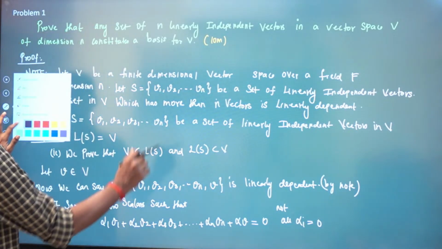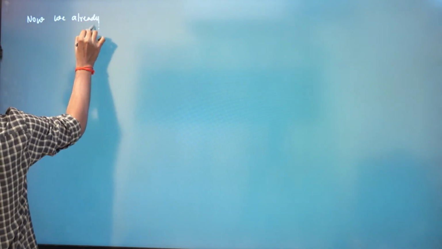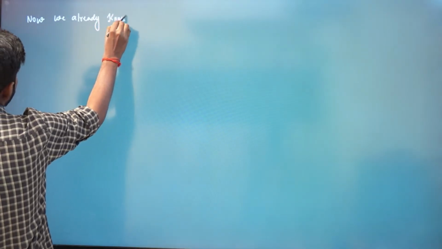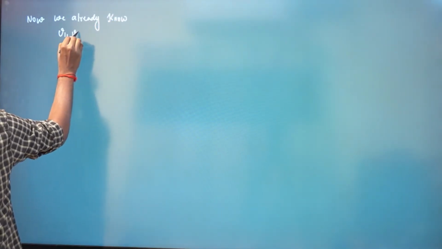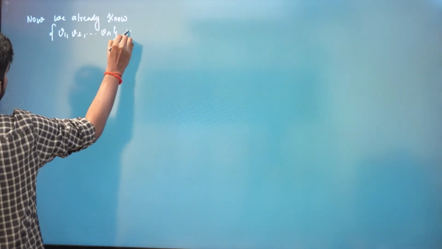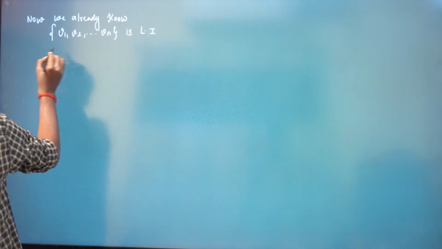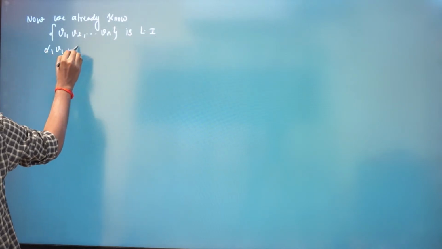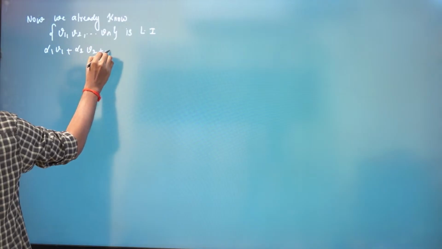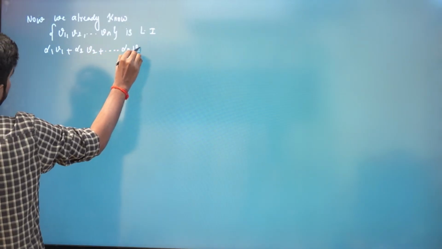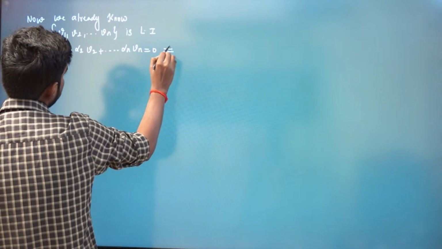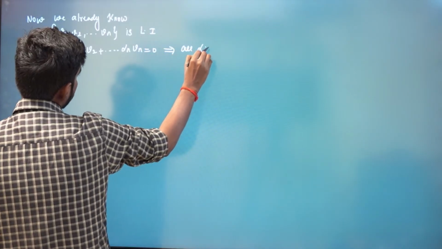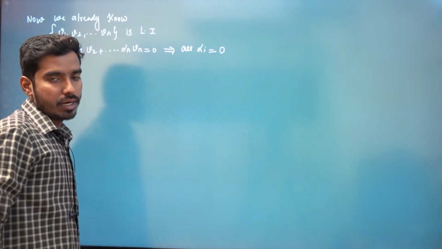Now we already know the set v1, v2 and so on up to vn is linearly independent, right? That means if alpha 1 v1, alpha 2 v2 and so on up to alpha n vn is equal to 0, this means all alpha i's are 0, by definition of linearly independent.